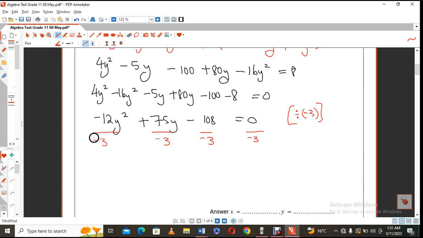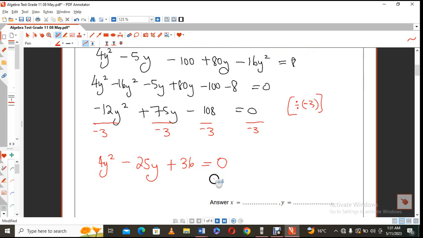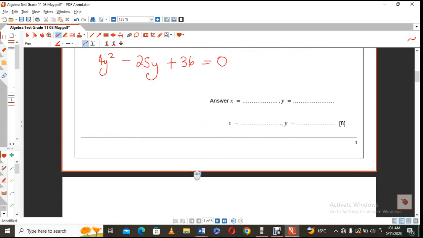And I divide by negative, because we don't particularly like this leading term on the y squared to be negative. So 3 into 12, that is 4y squared over there. Negative by a positive, that's a negative, and it's 25y. 3 goes into 75 25 times, and then 3 goes into 108, so negative with a negative is positive 36 times, and negative 3 into 0 always gives you 0.